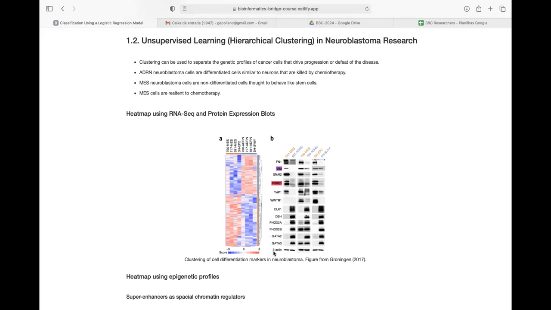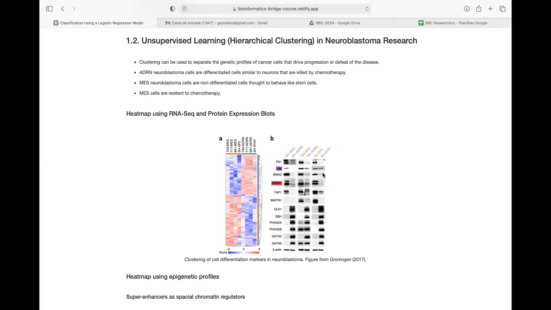And so you can see in these blots, for example, FOXA2 and FOXB2 are adrenergic markers. That's the reason why you see them being expressed in adrenergic cells, being more expressed in this other adrenergic cell, and more expressed in this other adrenergic cell pair than the mesenchymal component of the pair.